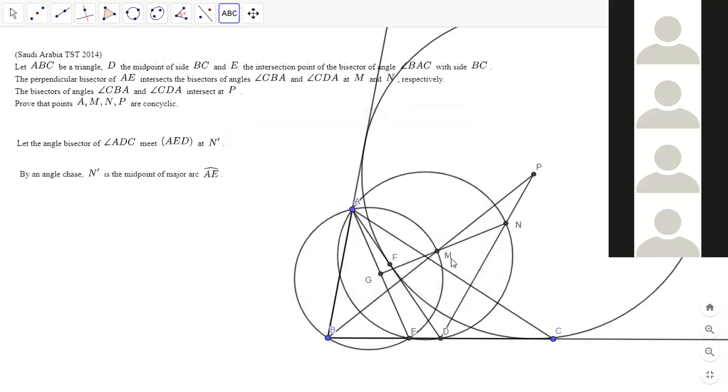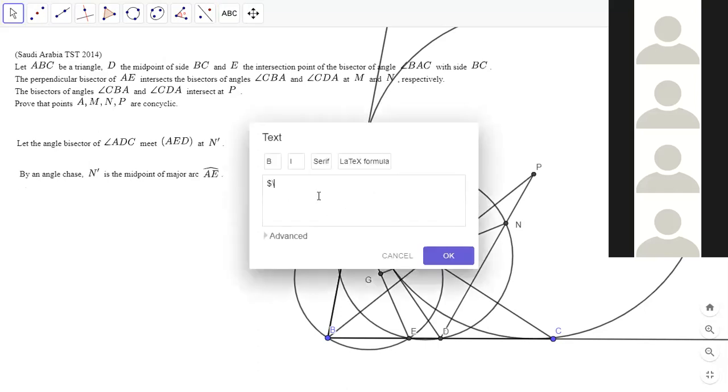And so that basically means N prime is equal to N. So that means that AEDN is cyclic.